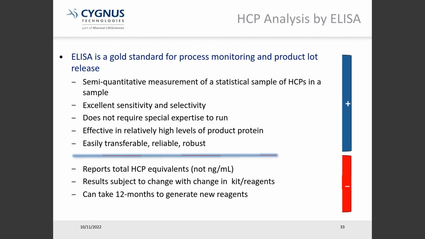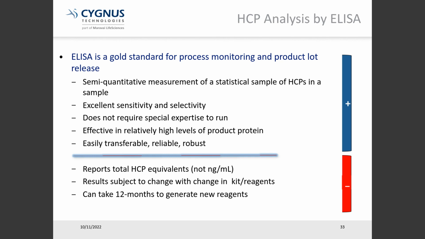So what we do is we have a host cell protein standard where we know the total concentration of all the host cell proteins, and we dilute that down to make the standards of the assay, so that you can plot a standard curve. And then when you have an unknown, the sum total of all those signals in the well is measured against that curve, so that you can get an idea of total concentration.